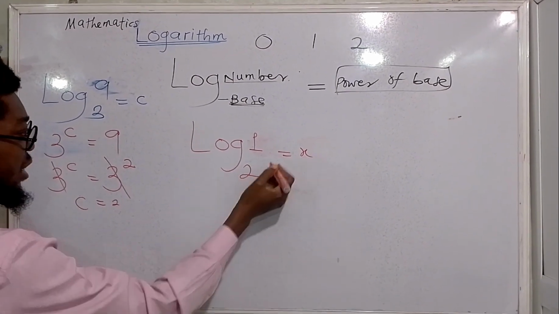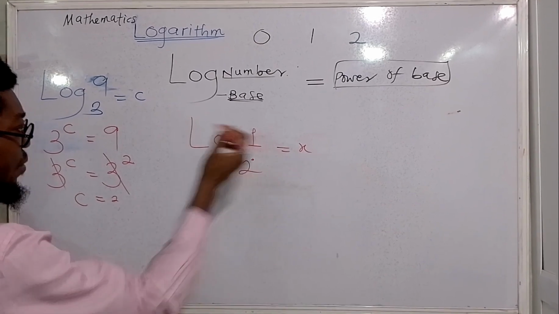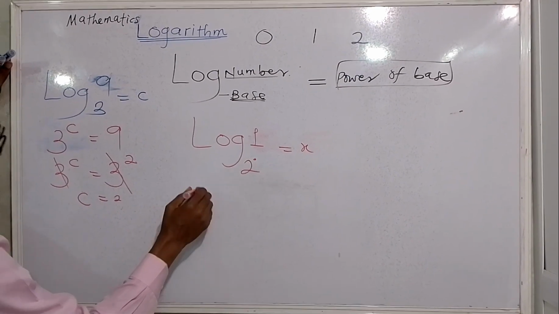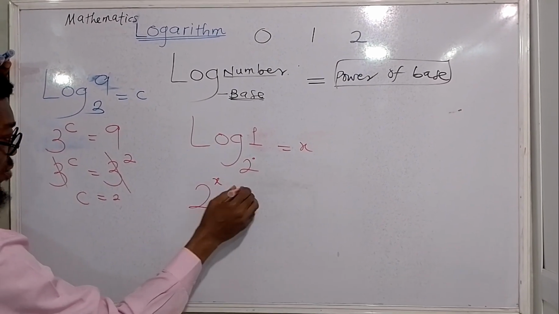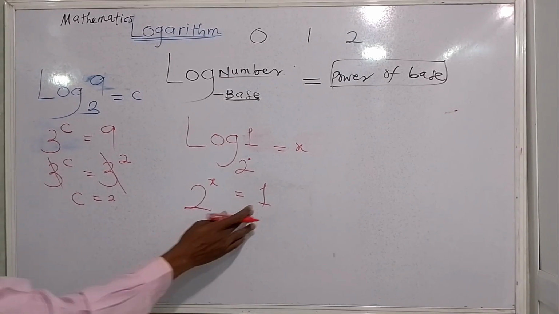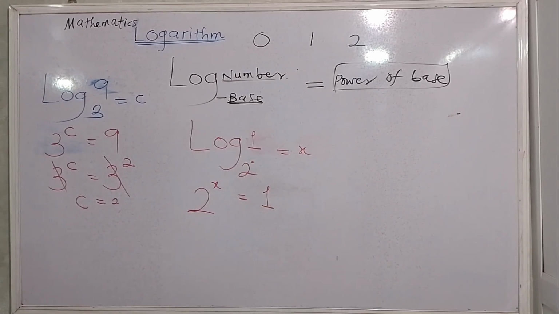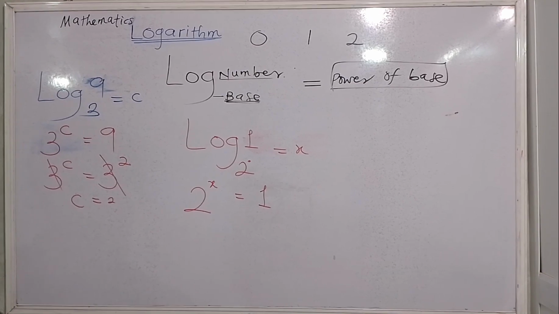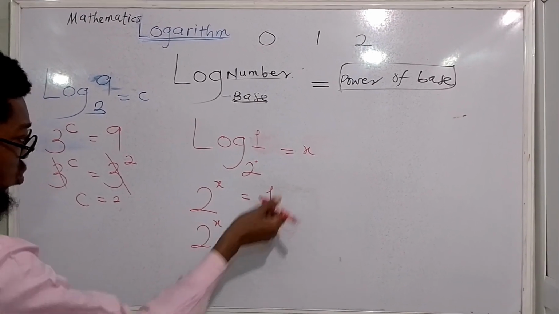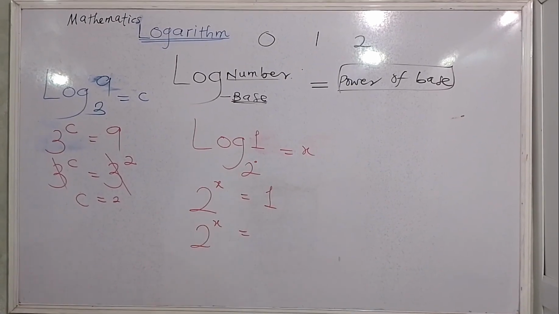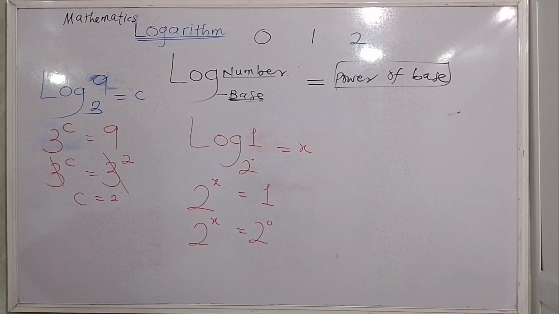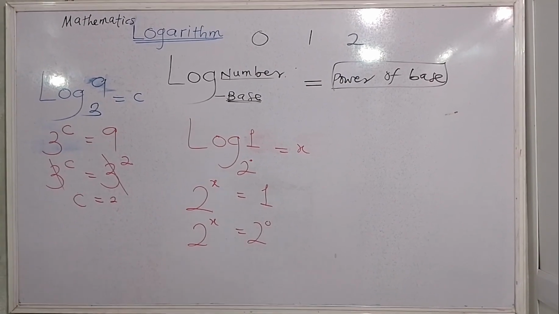Then it means that the answer is what I'm going to put on 2 that will turn 2 to 1. So 2 raised to power x must give me 1. And if you remember, any number raised to power 0 must give 1. So 2 raised to power x must equal 2 raised to power 0, and that makes sense.